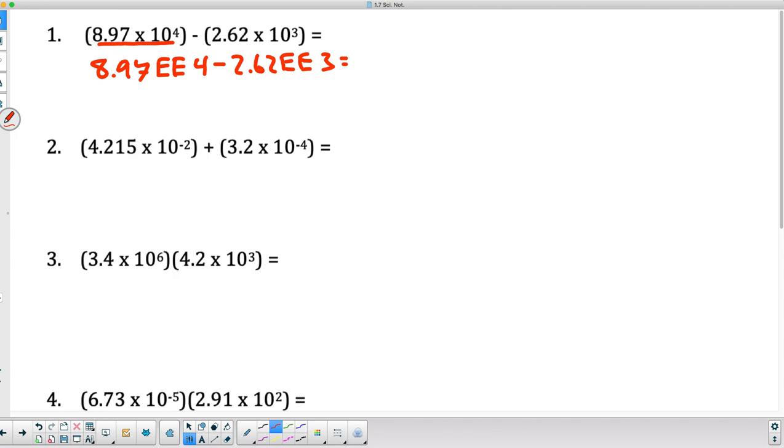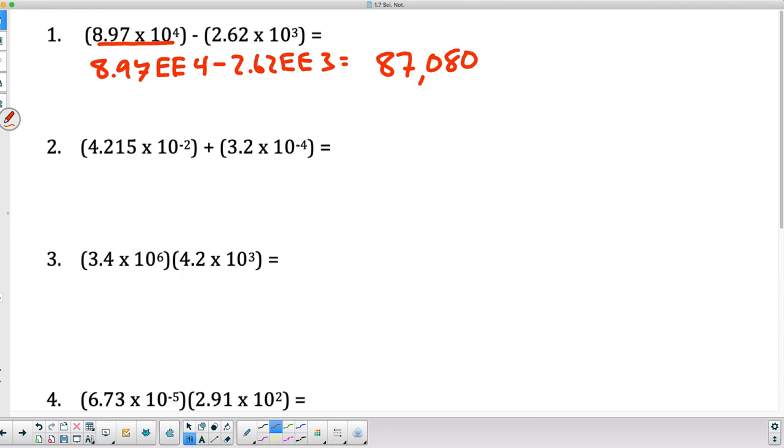In this case, 8.97 EE4 equals, and then minus 2.62 EE3, and then equals. What I get is 87,080 as my answer.